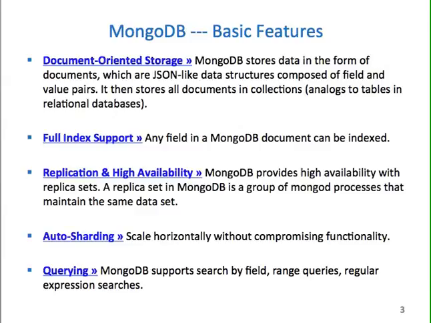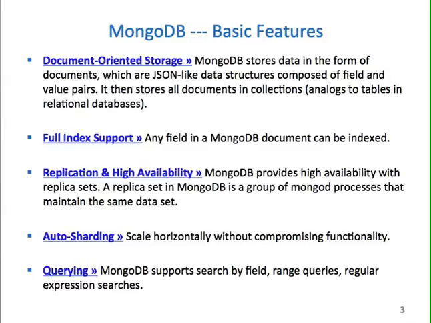Let me introduce the basic features of MongoDB. MongoDB stores data in the form of documents, which are JSON-like, and it stores all documents in collections. MongoDB supports indexes. Any field in a MongoDB document can be indexed.